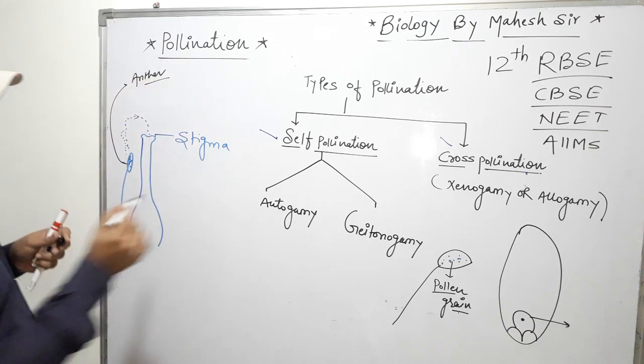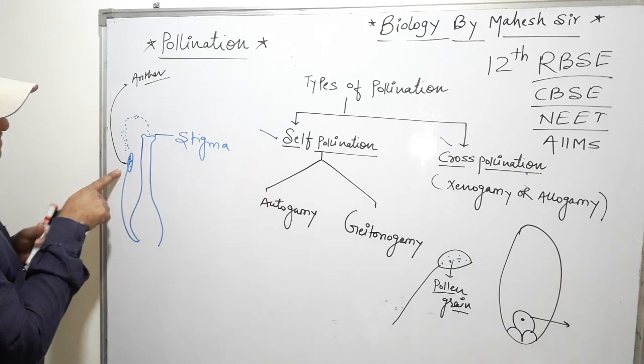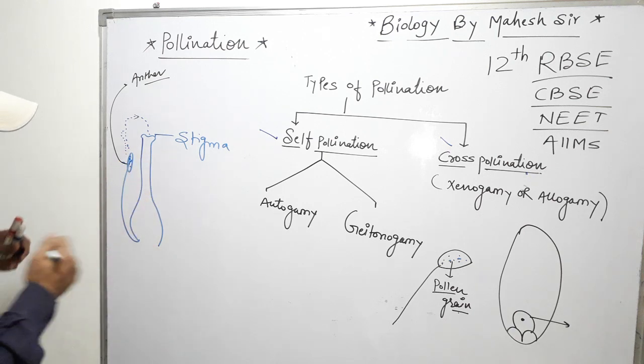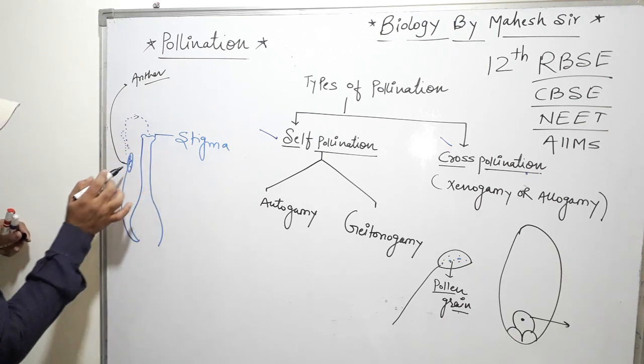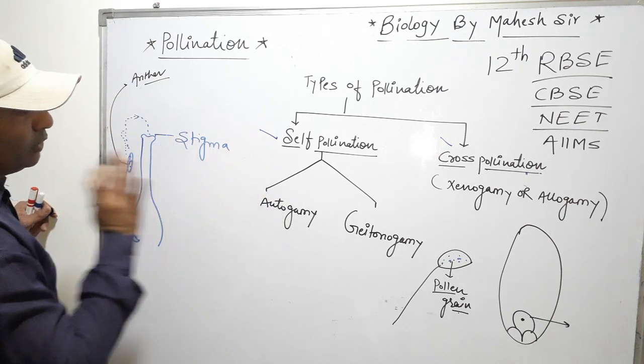Now first, self-pollination. That means the process by which the pollen grain travels from the anther to the stigma of the same flower. It is the same flower's stigma and the same flower's anther. That type of pollination is called self-pollination.